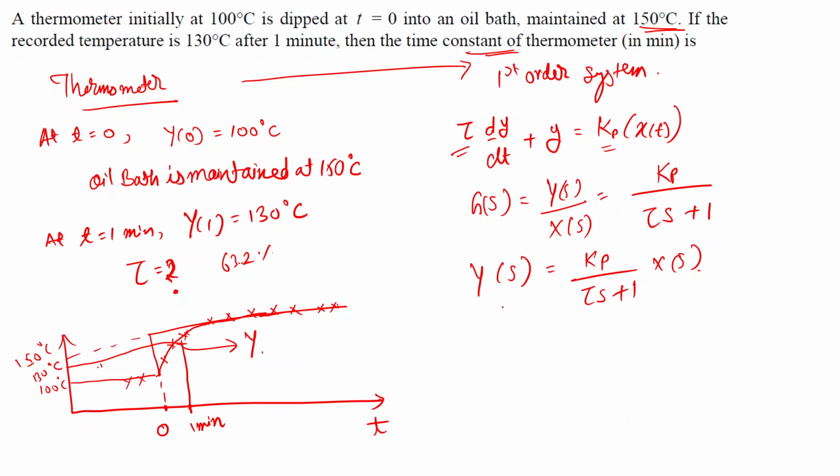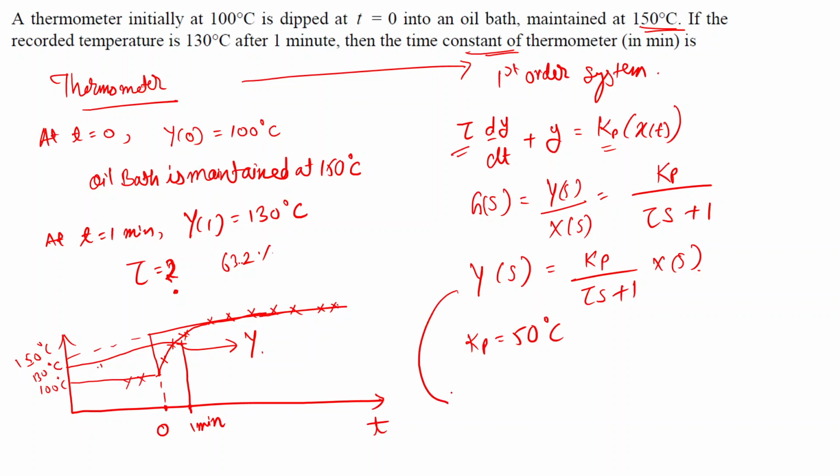Here we are giving a step input to the system. Initially the system was at 100 degrees Celsius, and then we increased the temperature of the surroundings to 150 degrees Celsius. That is, we are giving a step input of magnitude 50 degrees Celsius.